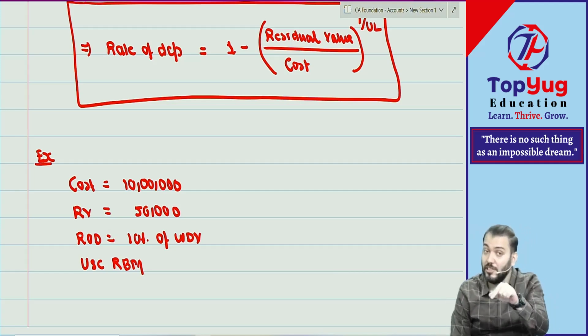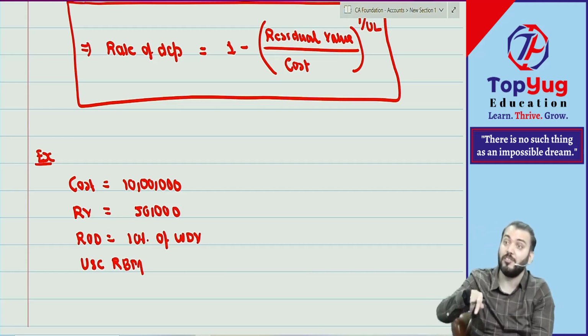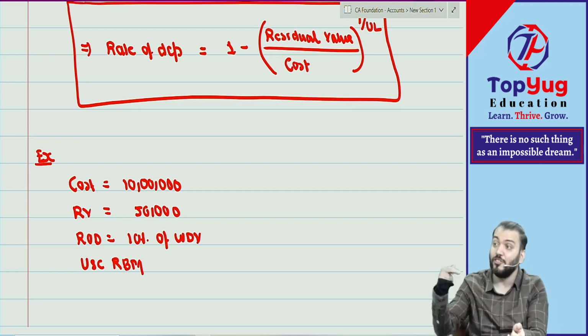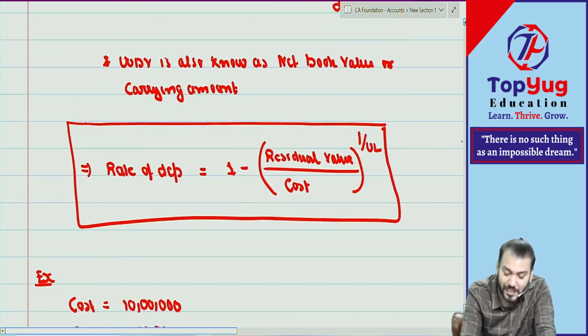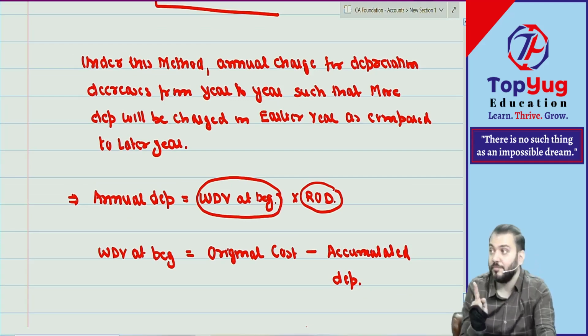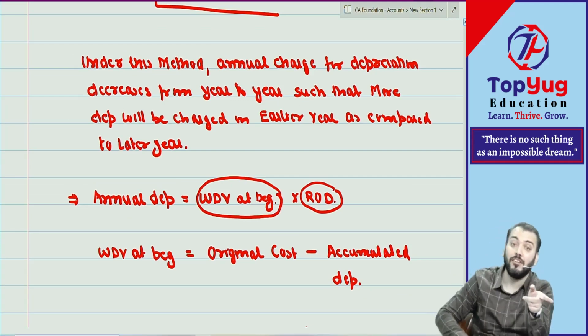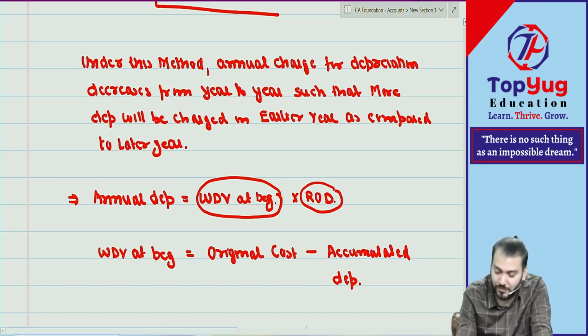So that is also an indication of which method needs to be used. Here the rate is based on WDB, because in the formula we are applying the rate on WDB, not on cost. In SLM we are applying the rate on cost. Understood?